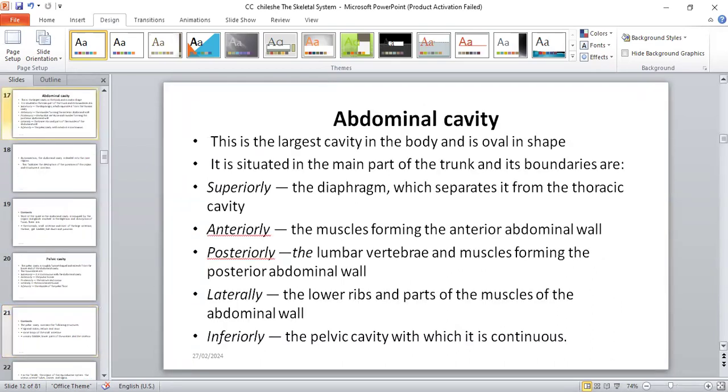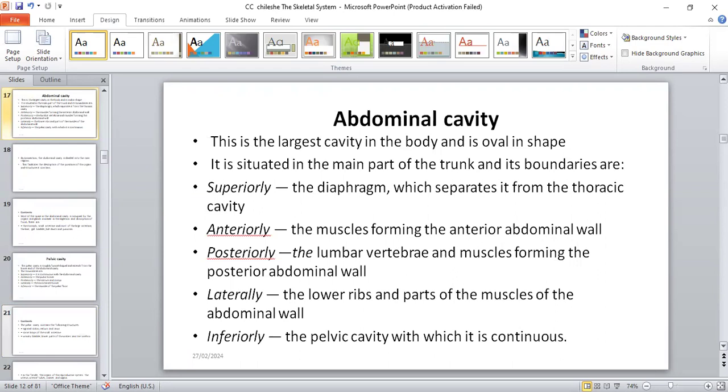Then we have one other major cavity, which is the abdominal cavity. It is the largest cavity in the body, situated in the main part of the trunk. Superiorly there is the diaphragm, which separates the abdominal cavity from the thoracic cavity.